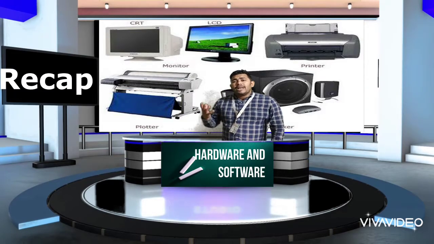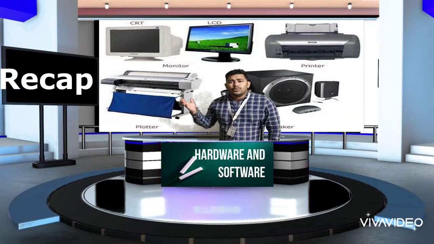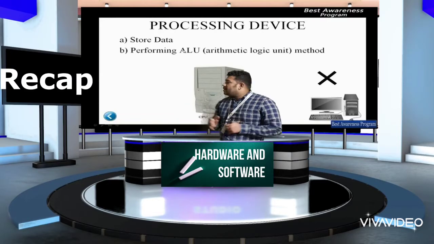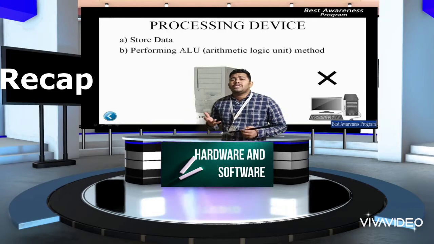So we are well aware of hardware, and processing is like the CPU. CPU is our processor, it processes. We have learned about the CPU. Next is your storage device.